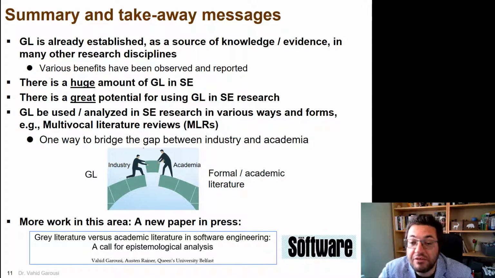At the end of the day, it will really bring industry and academia closer. There are also many more works being conducted on the methodological aspects of GL. For example, with my other collaborator, Austen, we wrote a few months ago a paper on epistemological analysis of academic versus grey literature, and it's in press in IEEE Software magazine.